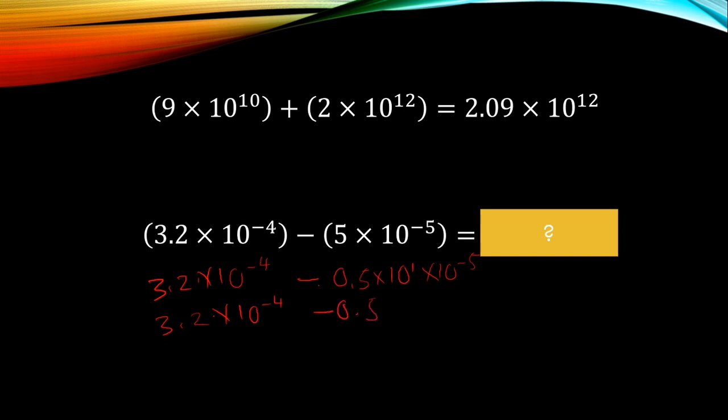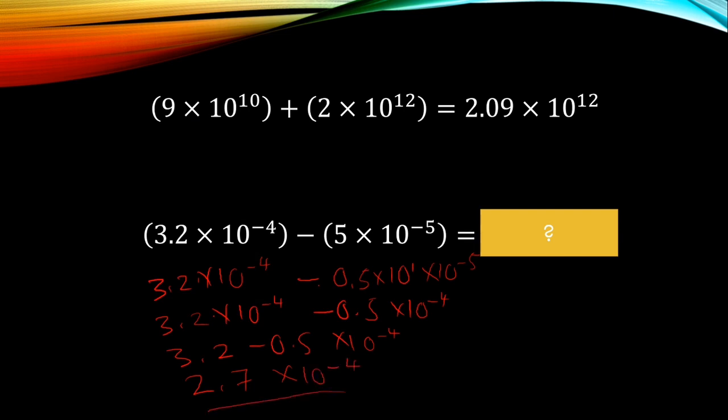So 3.2 minus 0.5 will give us 2.7 times 10 to the power minus 4. Let's cross-check with our answer. Yes, 2.7 times 10 to the power minus 4.